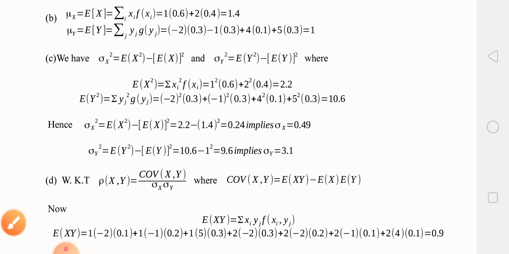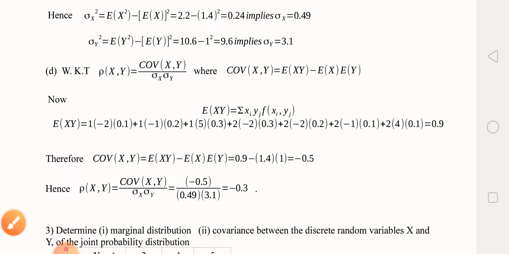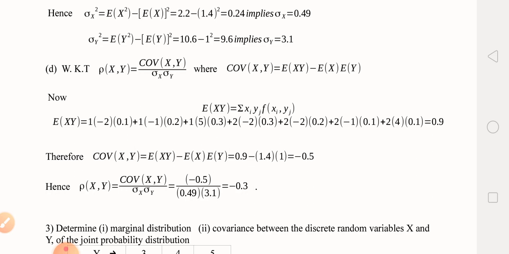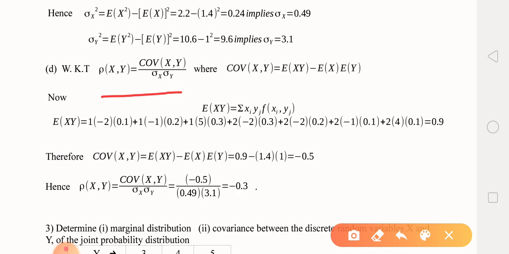Now we have to calculate the coefficient of correlation. Coefficient of correlation, rho of x comma y, equals covariance of xy divided by the product of standard deviations, where covariance is given by expectation of xy minus expectation of x into expectation of y.